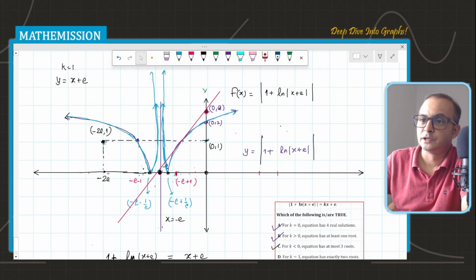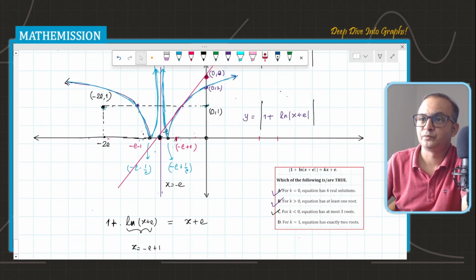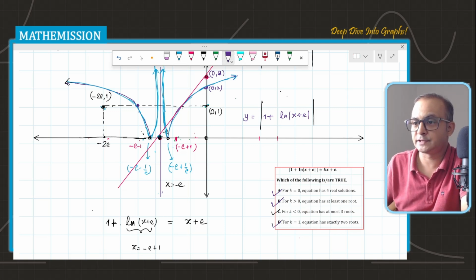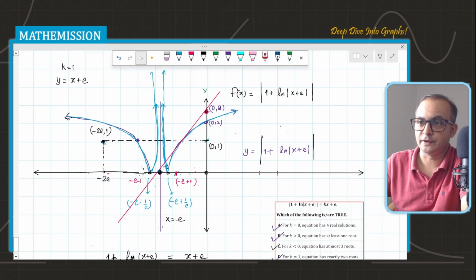All right, so in this way we found that this line is touching or intersecting the graph at 2 points. So therefore 2 solutions is for sure for that part also. So for k is equal to 1, the equation has exactly 2 roots. So all the options are correct in this way.